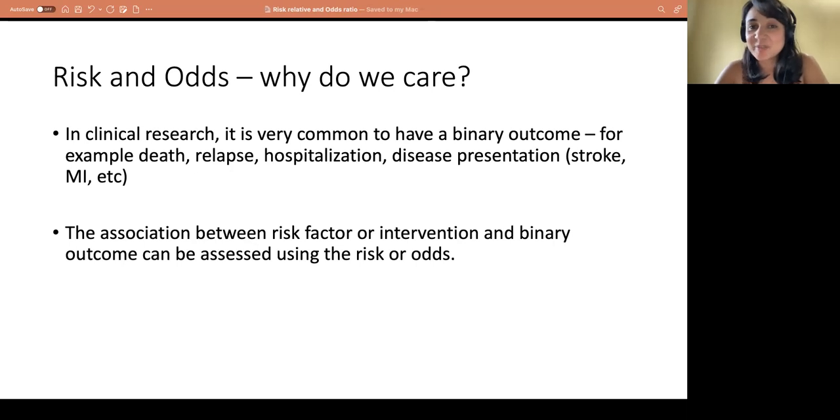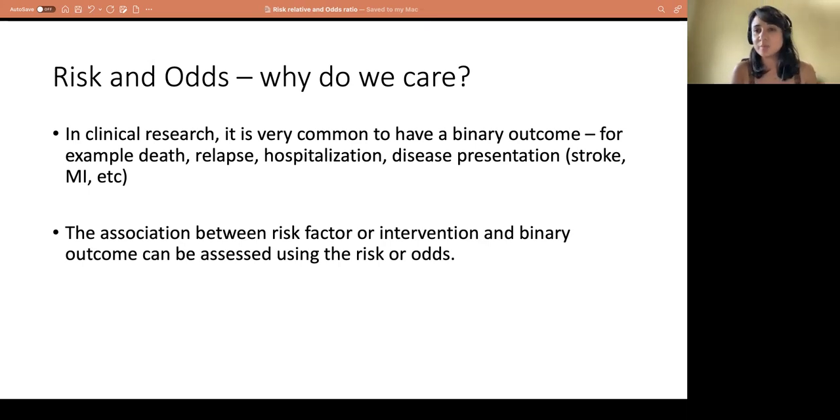So let's start with an important question. Why do we care? Why are risk and odds important? First of all, in clinical research, it's very common to have a binary outcome. For example, death, relapse, hospitalization, disease presentation, for example, stroke, myocardial infarction, or any other, diabetes, hypertension.